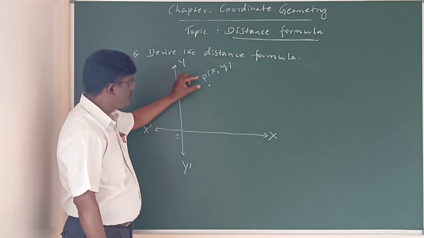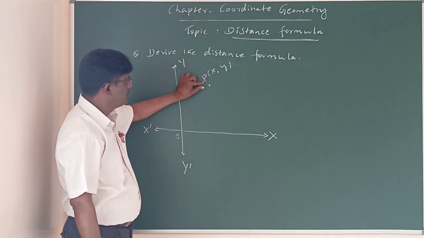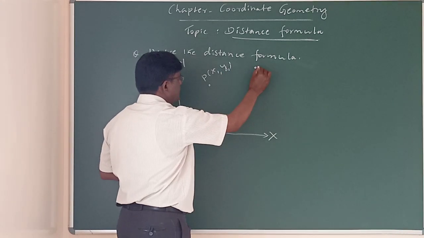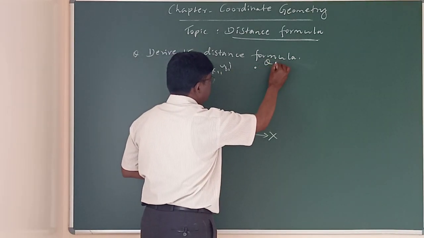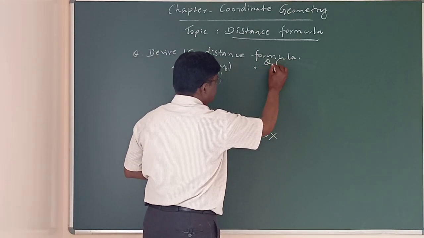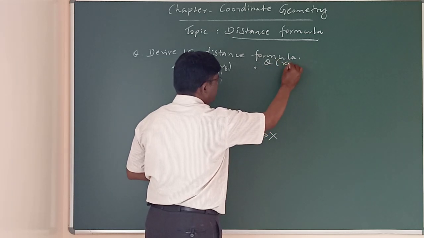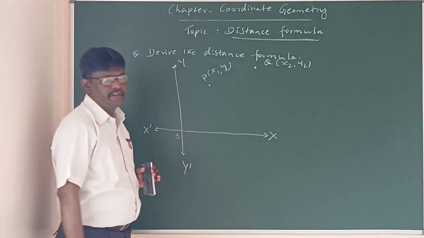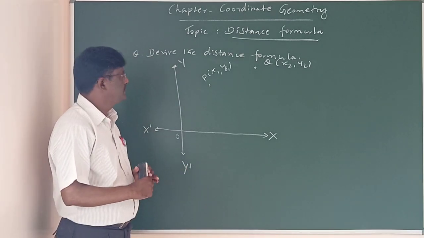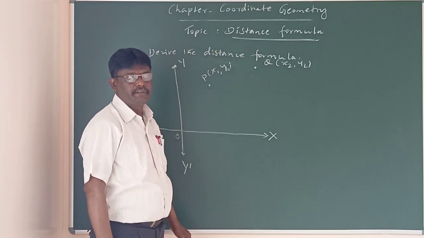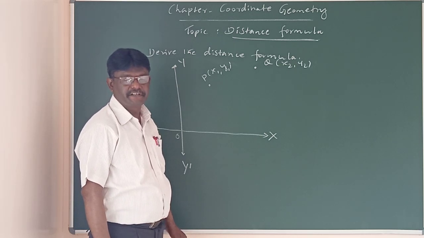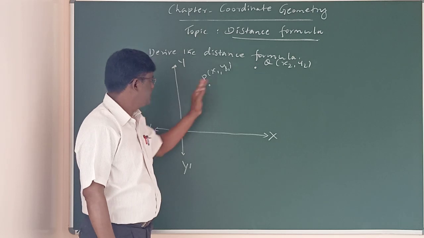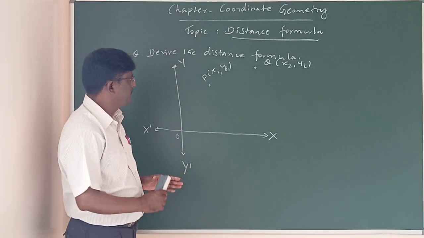Take a point P (x1, y1), and one more point in this Cartesian plane, say Q, whose coordinates are (x2, y2). In today's lesson, we shall get the formula known as the distance formula. What is that? The distance between any 2 points in the Cartesian plane.